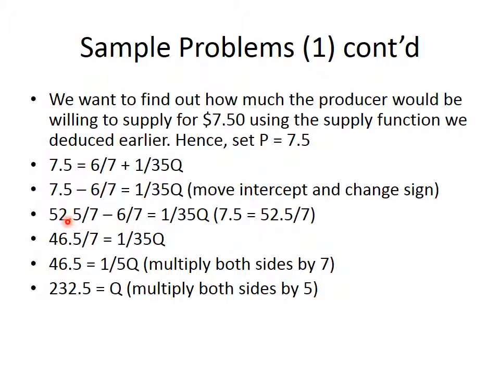You don't usually see that kind of thing in a fractional expression, but that's a perfectly reasonable way of expressing this number. 7.5 and 52.5 sevenths are the same number. They're exactly the same. Okay? And so this makes it possible now for us to add these two things together. We add them together, 52.5 over 7 plus a negative 6/7, okay, minus 6/7, is 46.5 divided by 7.